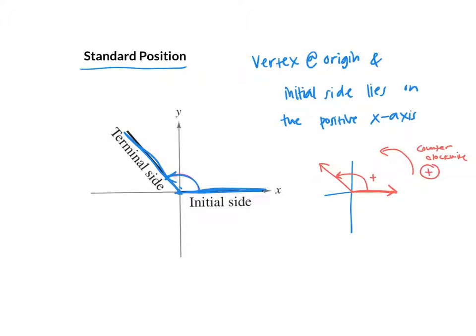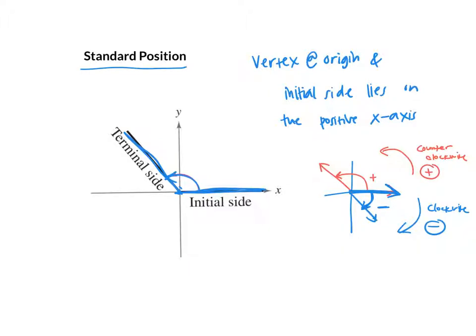That means if we rotate clockwise, that is going to be the negative direction. So here's my initial side, and if I were to rotate my angle clockwise, that angle measure would be negative in value. So the positive or negative just tells you which direction you're rotating.